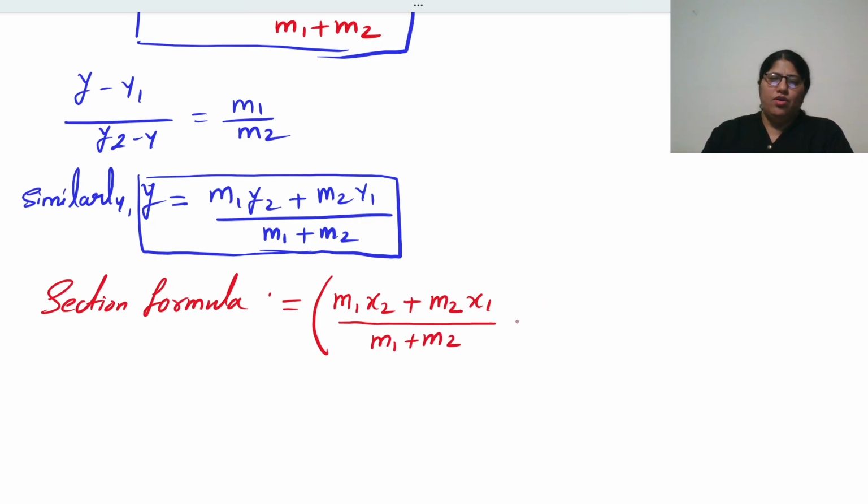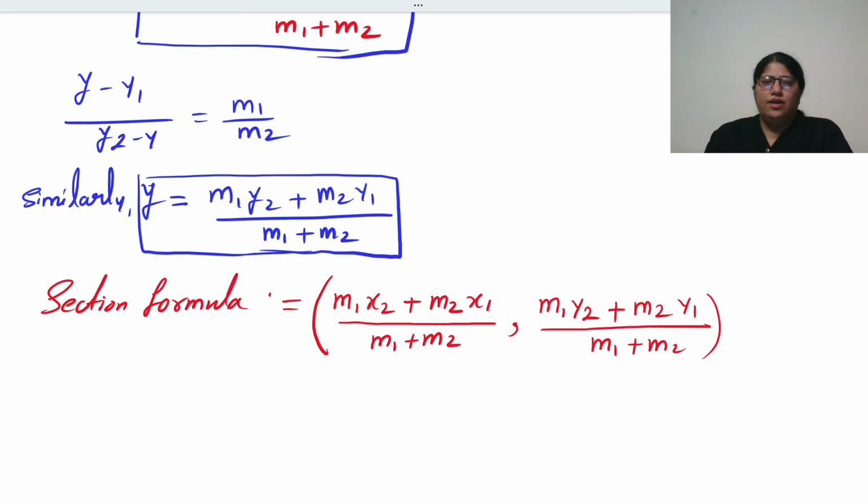We are going to write it down in ordered pair form, so put a comma here. Similarly, again here m1 y2, so first ratio with the second y coordinate plus m2 y1, so second ratio with the first y coordinate, divided by the sum of the ratios, right?